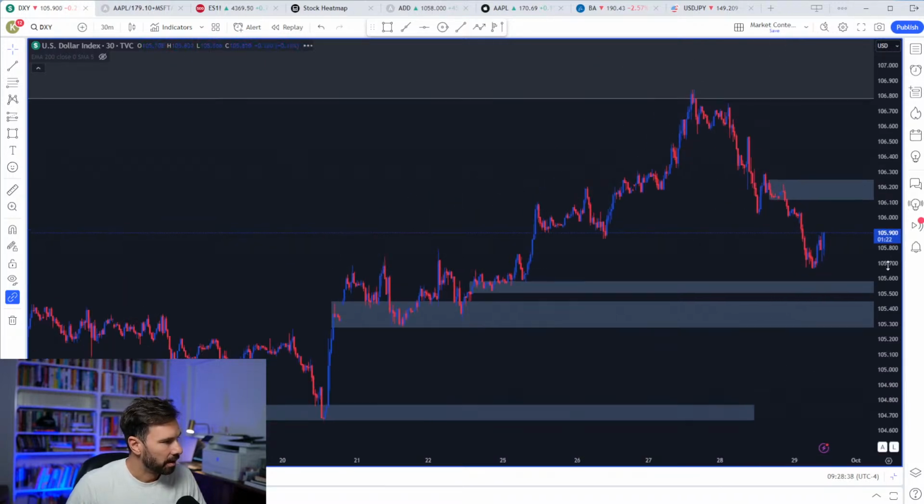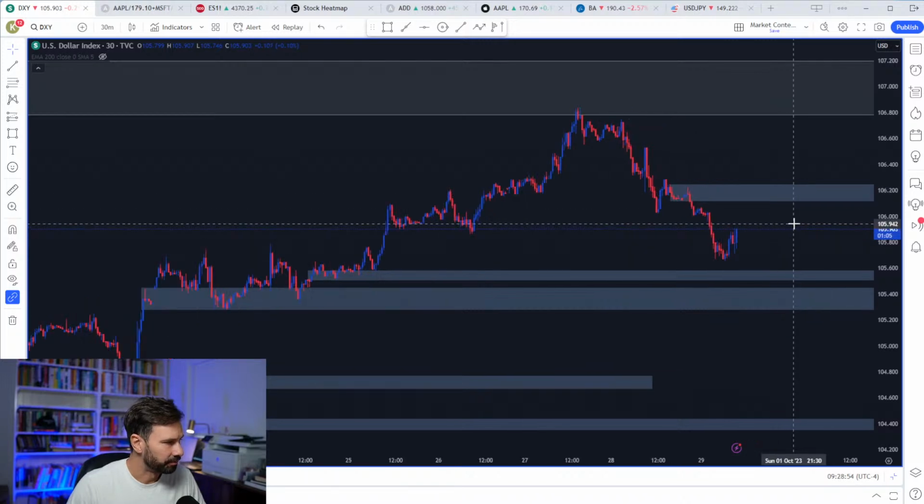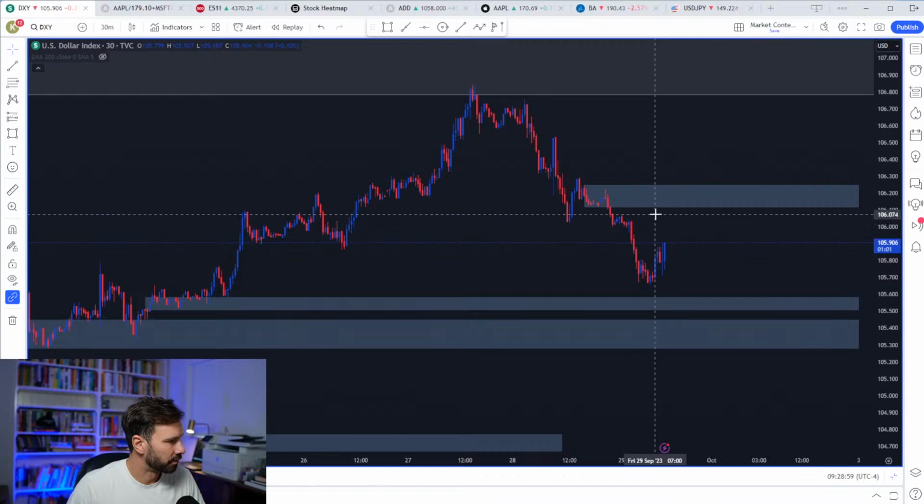Regarding the dollar, I think it has more room to go down, at least to 105.45. If that happens, the market will probably continue to go up. If the dollar just continues going up and doesn't do anything in this area, then I will take the market short.